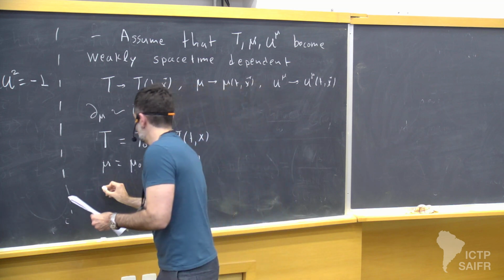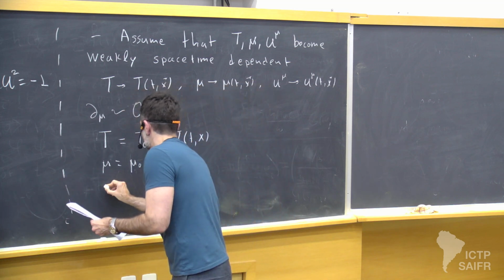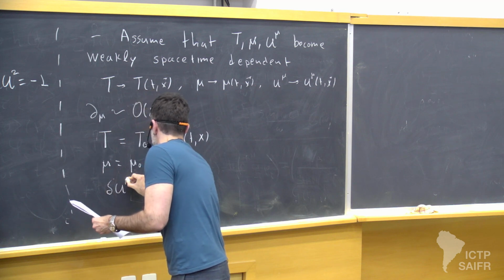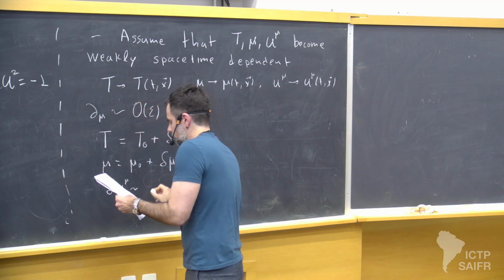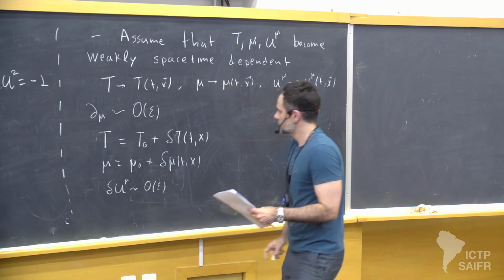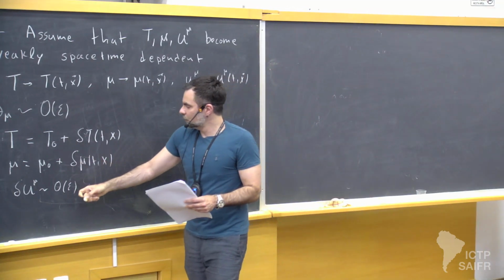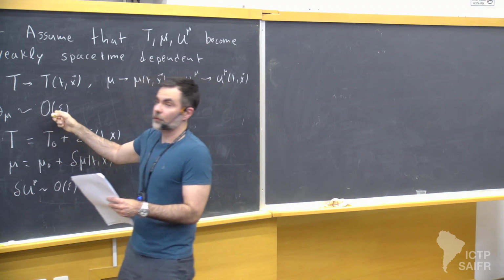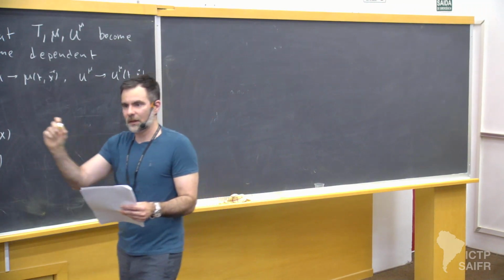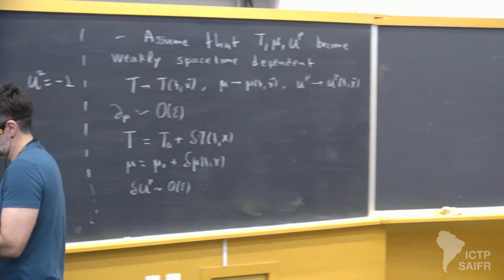And the same for the fluid velocity. Again, this is some small number, and delta T, delta mu, and delta u are also of order epsilon. They are all small numbers. So both the derivatives and the amplitudes of these fluctuations are small.